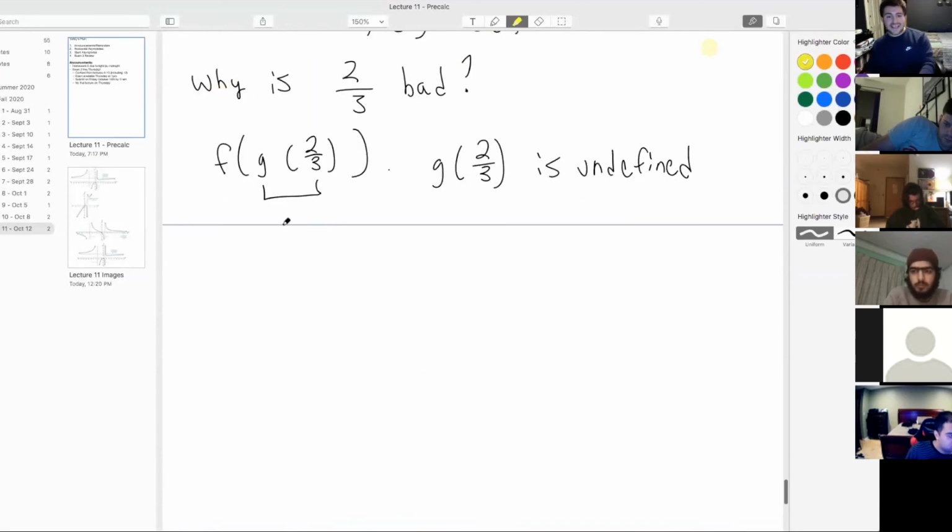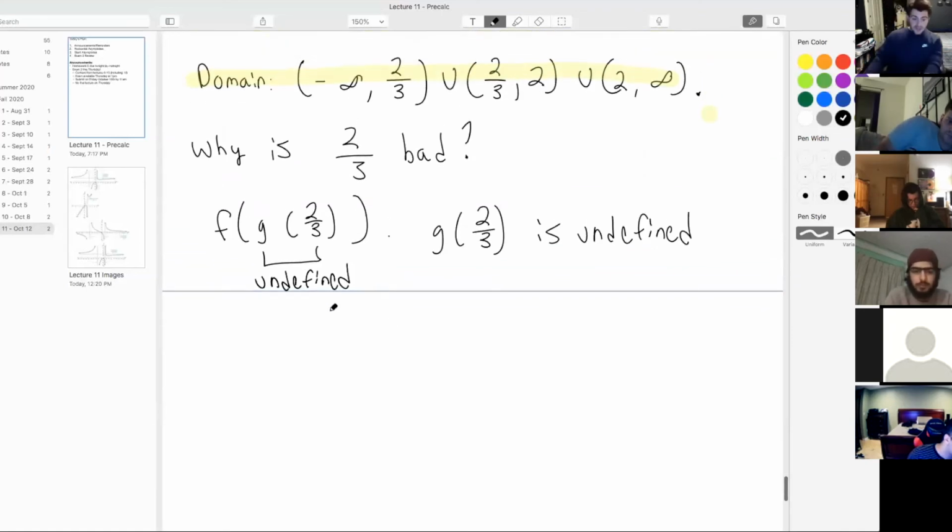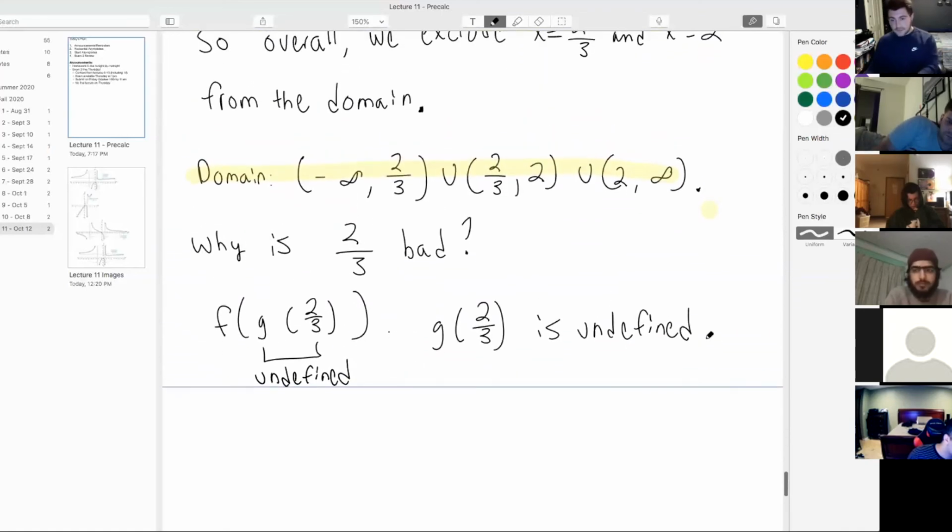So this inner G of 2/3 is undefined, and f of this doesn't even make sense because the input is not a defined number. I can't apply f to something that's undefined. Hopefully that makes sense. Good question.